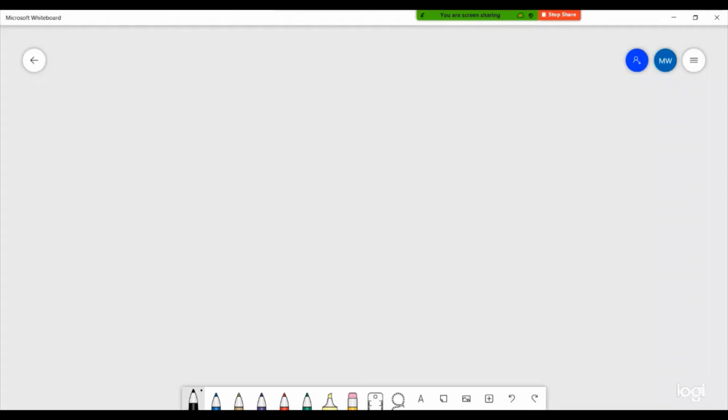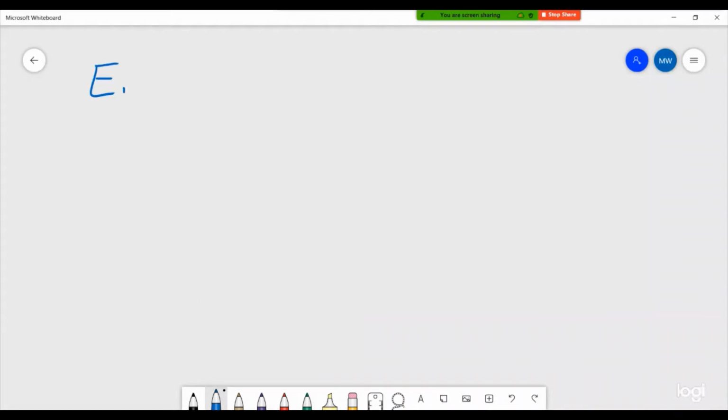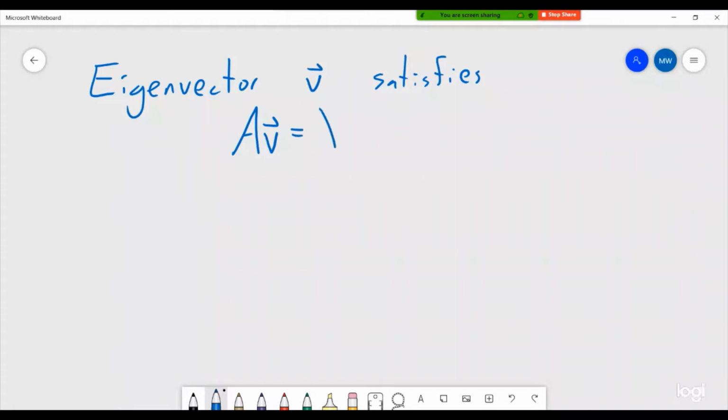Yeah, so let's start by just defining what those different values are. An eigenvector is any vector that satisfies the matrix times the vector is equal to some scalar times the vector, for some scalar lambda, under the assumption that the vector is not the zero vector.